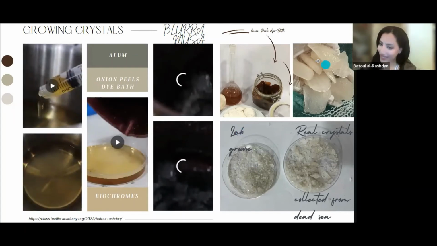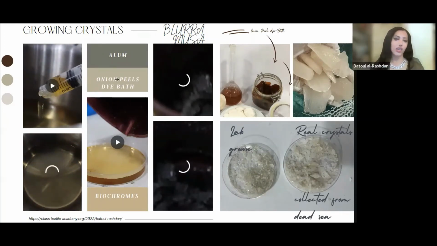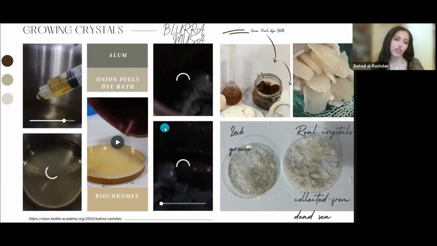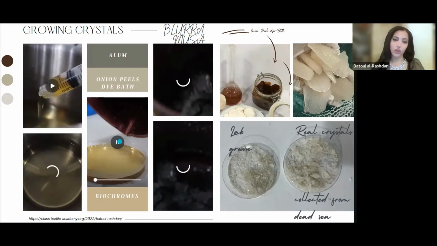I used the onion peels again to extract the color, the biodye, the biochrome that I used to grow the crystals. And you can see here when I use the dye bath, and then I let the crystals grow in the dye bath so they take the color.